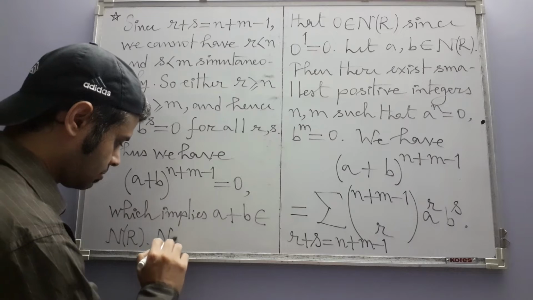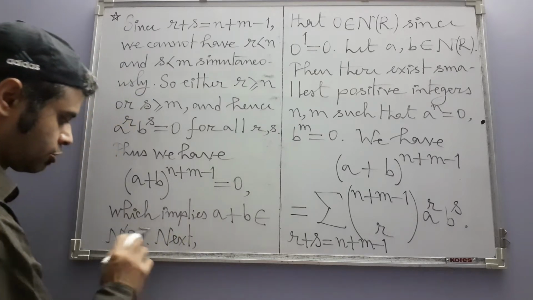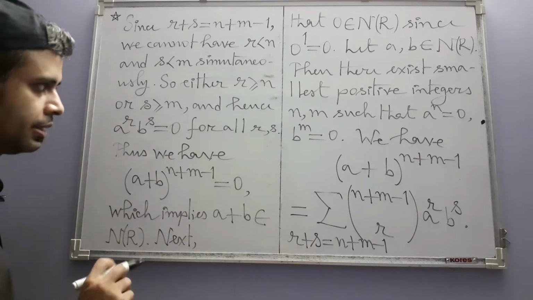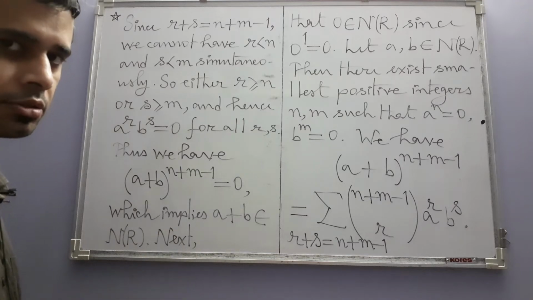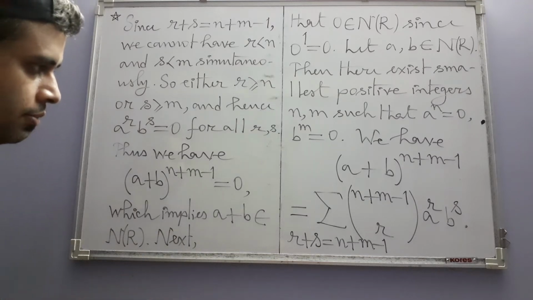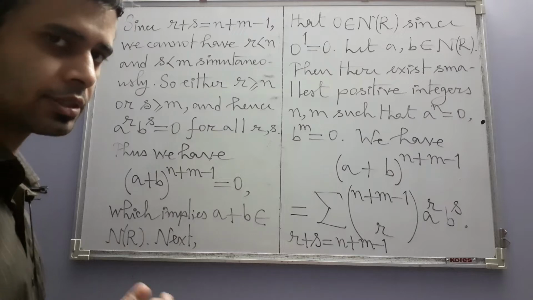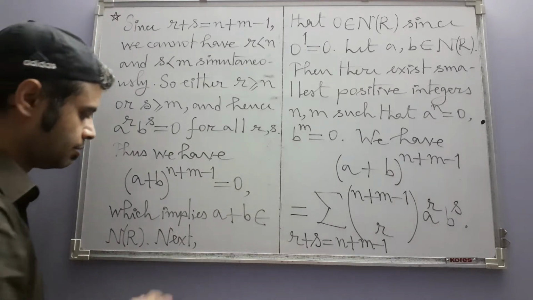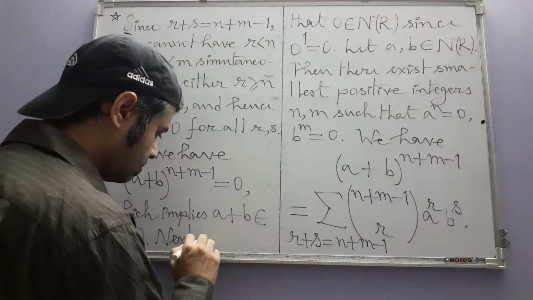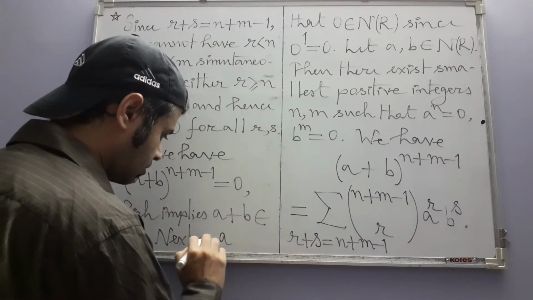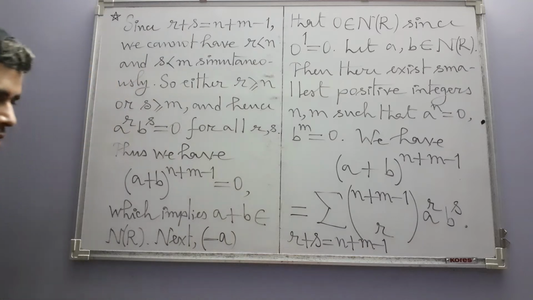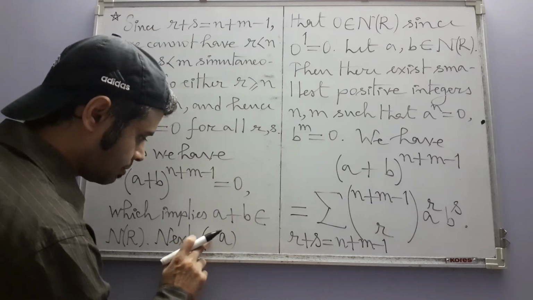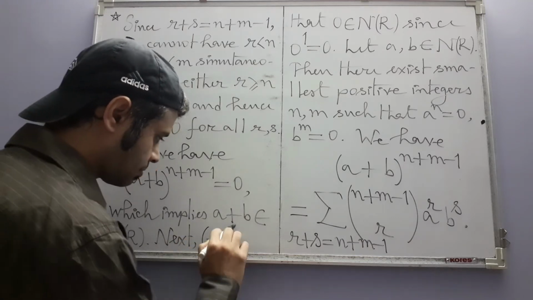Next, showing that the sum is a nilpotent element is somewhat involved. Showing that the product and the negative of an element, that is its additive inverse, is nilpotent, is much easier. So next we see how we can conclude that minus a is also a nilpotent element.